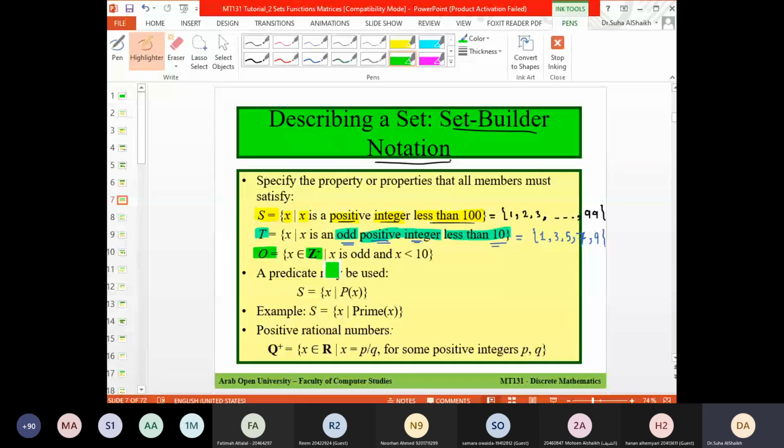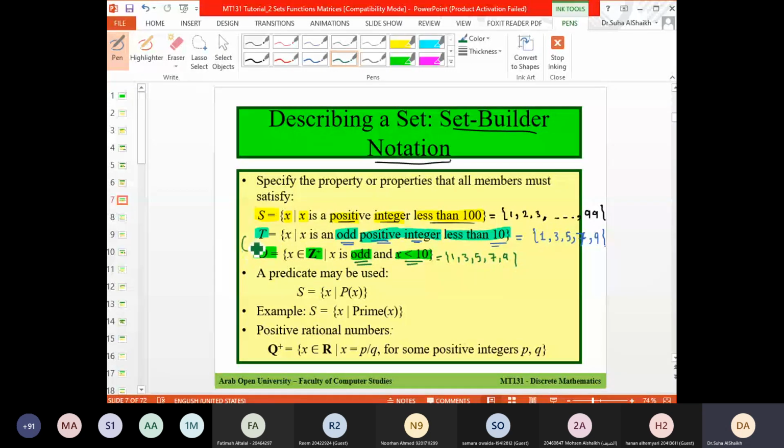I know when it's a positive integer and it is odd and it is less than 10. So what elements do I have again? Again, I have the same elements, which are positive odd. Pay attention, odd and less than 10. Again, it's 1, 3, 5, 7 and 9.